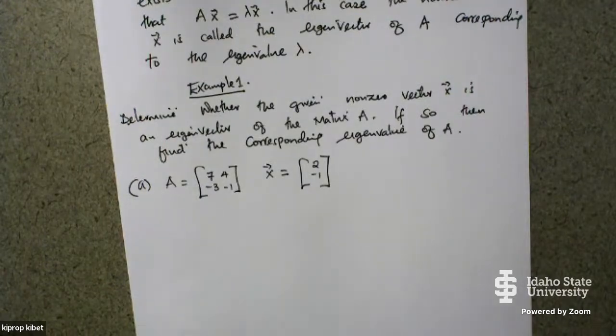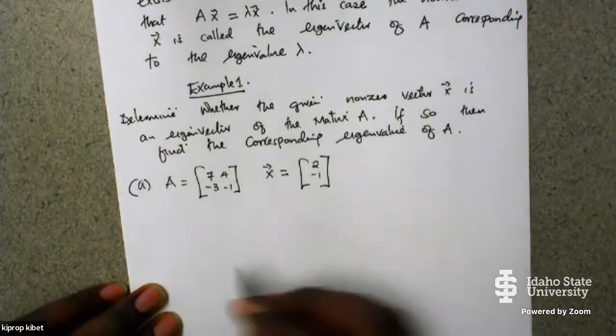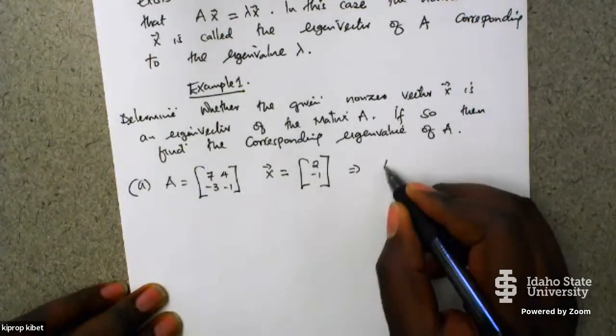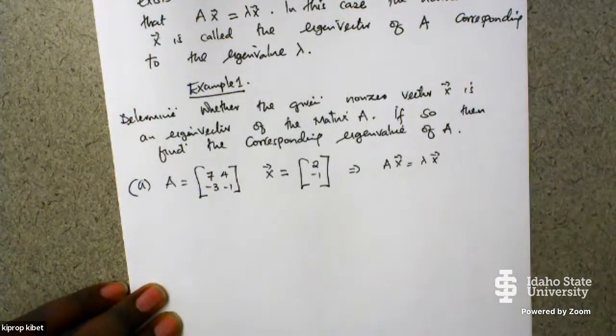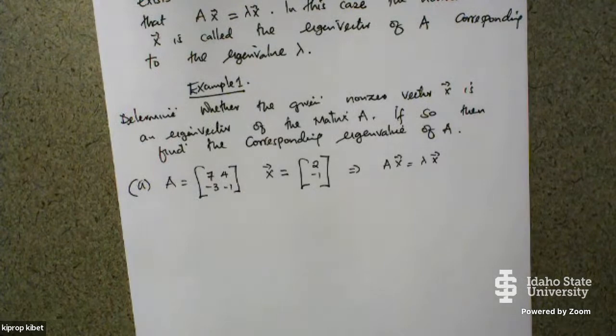In this case, all we need is to find AX equals lambda X. So we need to multiply this matrix with this vector, and then we see whether we can factor out lambda.